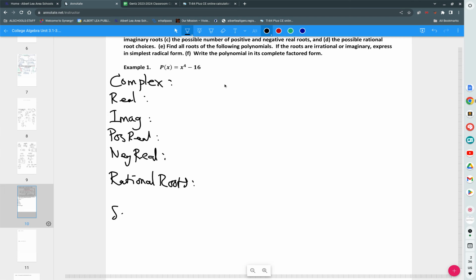You're going to list all the solutions, and you will write it in factored form. I'll write those for you on your test. You have these things written out for you on your assignment as well.